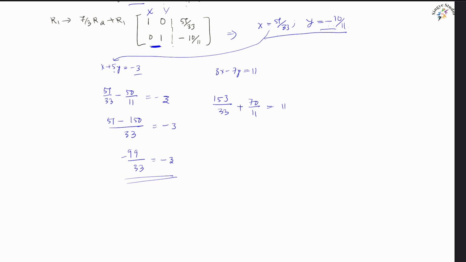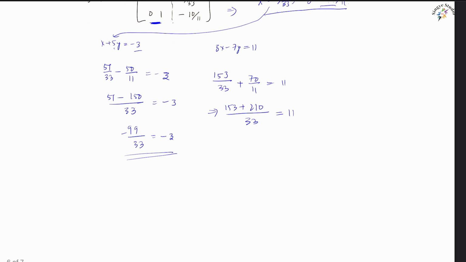So it will be 153 plus 11 times 3 is 33, so 70 times 3 is 210, divided by 33 should be equal to 11. So it will be 363 upon 33 equals 11.